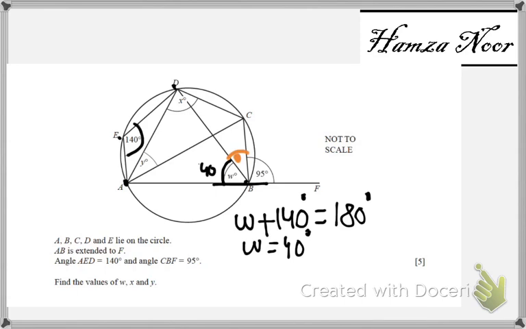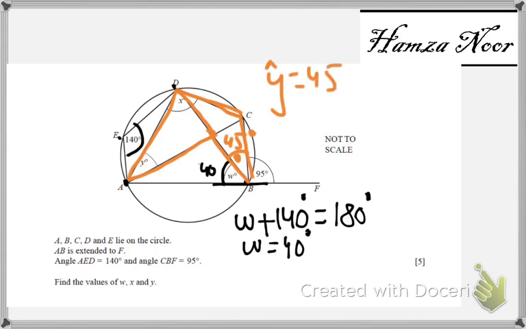This angle is 45 degrees, but this angle will be equal to Y, because angles in the same segment are always equal. They are subtended by the same arc BC, and they are touching the circumference of the circle, so angle Y will be equal to 45 degrees. So what will be your explanation?